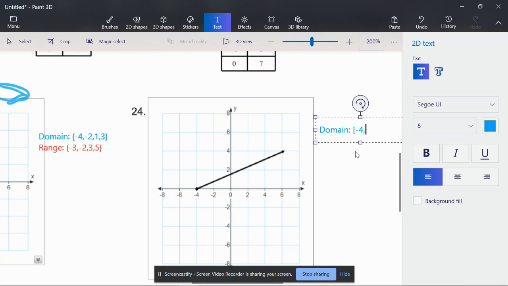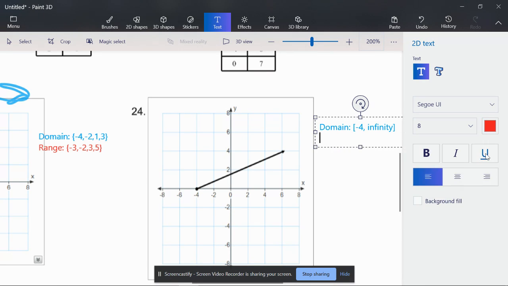We write a comma, and then we write the last value in our domain. Since I have this arrow on the end here, that shows me that this graph keeps going forever and ever. So to show that it keeps going forever and ever, we write infinity, or you could draw the infinity symbol, if that helps you.